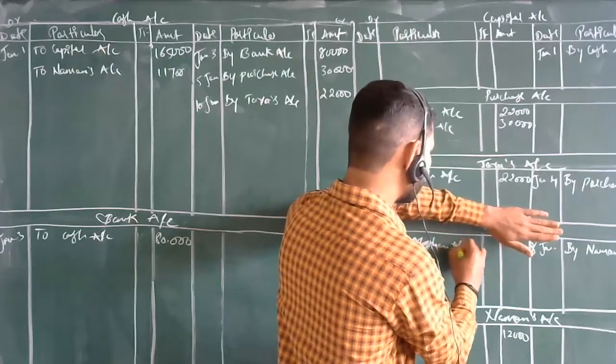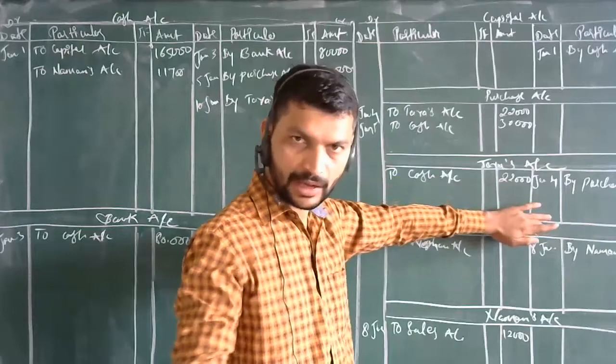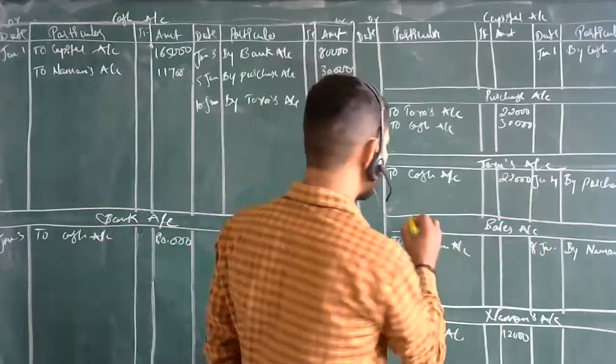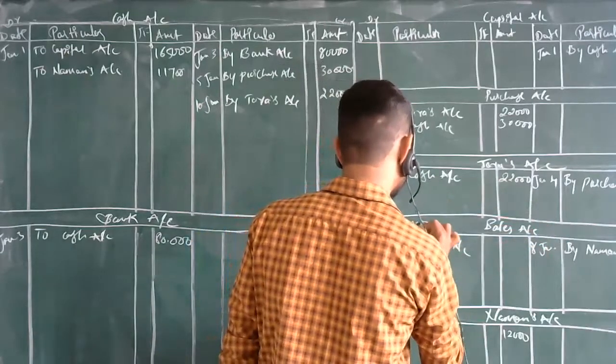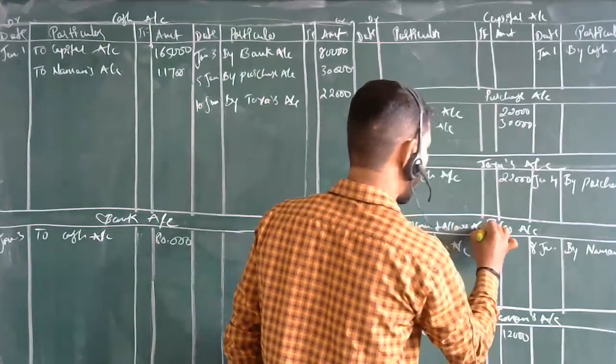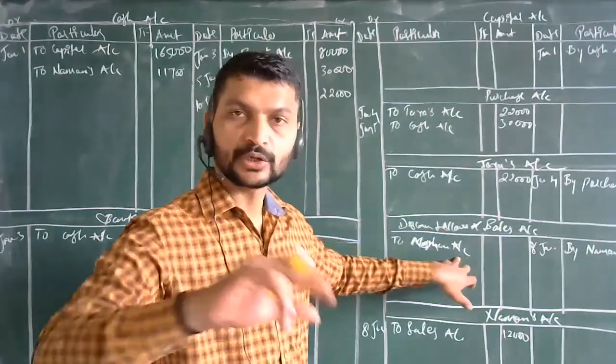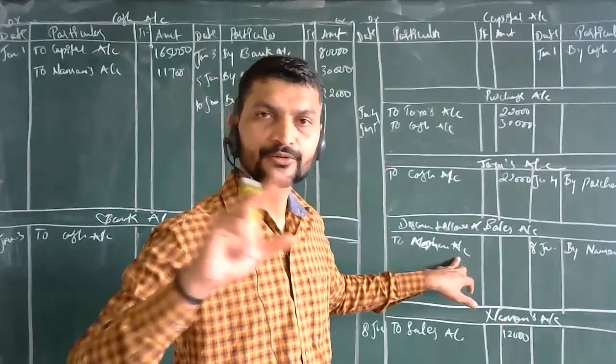Think that this is the discount allowed account. You have allowed the discount. This is debited by Naman's account, means the total you have taken over here to Naman's account.